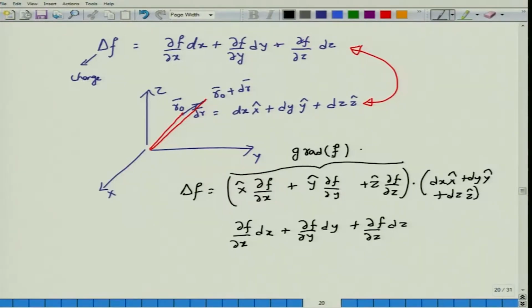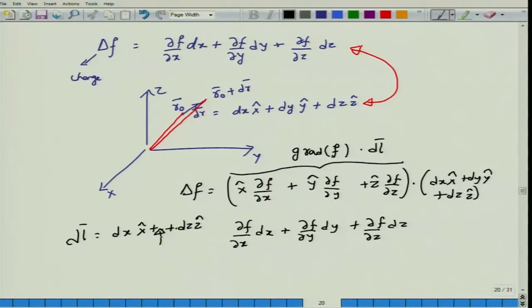You have to take the inner product of this with the corresponding displacement vector dr. And it is one of the conventions that instead of talking about the displacement vector dr, we talk about the change of a function along a particular line, and therefore we talk of the line element dl. Remember from the Cartesian coordinates that dl was the vector line element given by dx x hat plus dy y hat plus dz z hat. So you put in the remaining term over here.